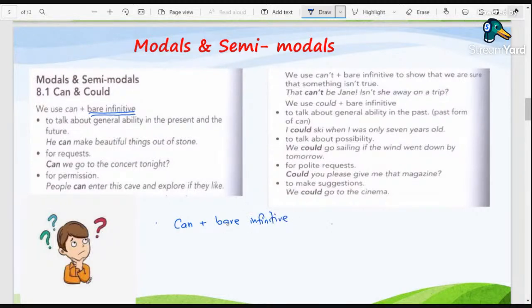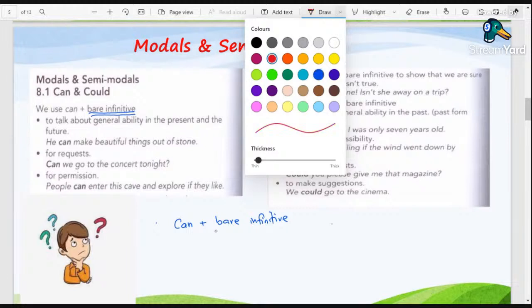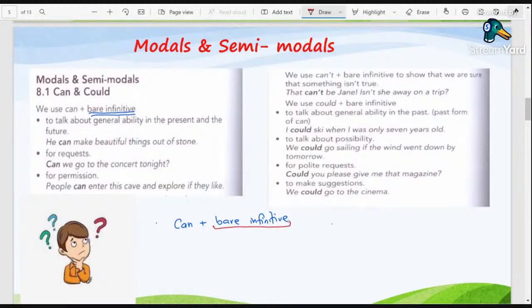Okay, when you see this thing, bare infinitive, we have to know there's an opposite of this one. Dia akan ada opposite. The opposite dia adalah the to infinitive.